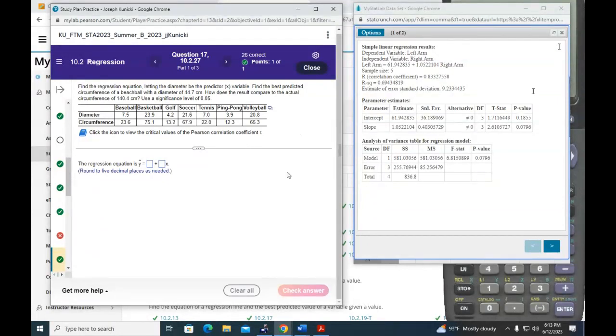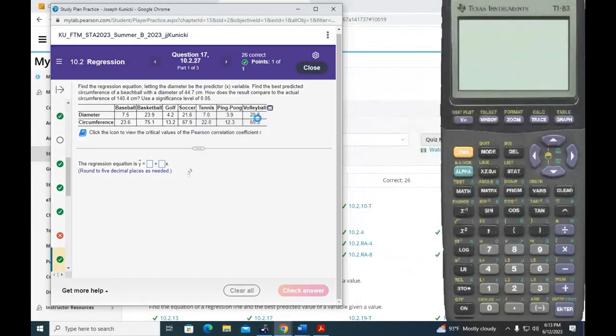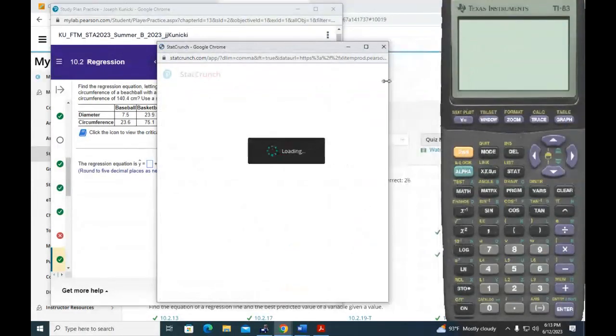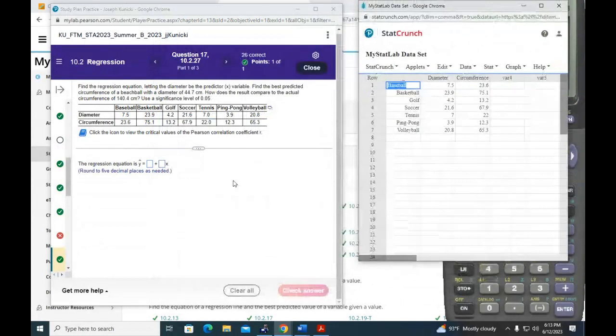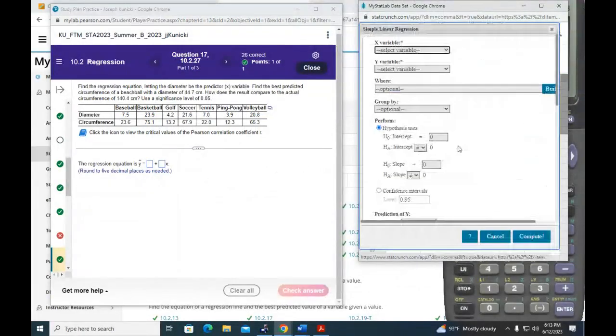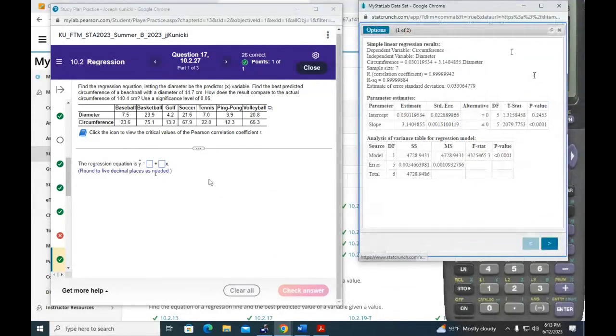But watch what happens here. You know the relationship between diameter and circumference? Circumference equals 2 pi r. And 2r is what?